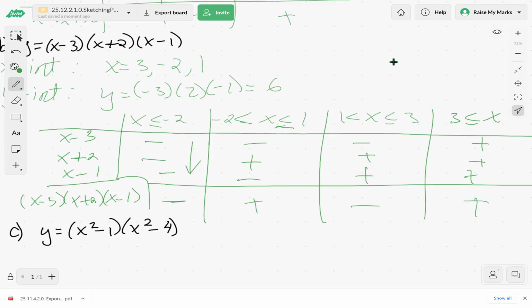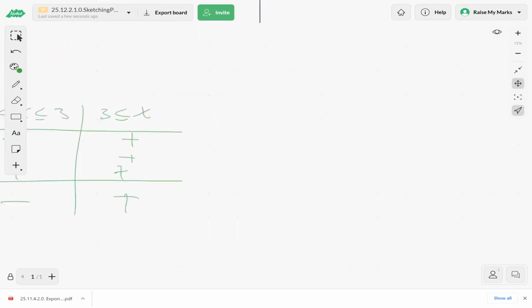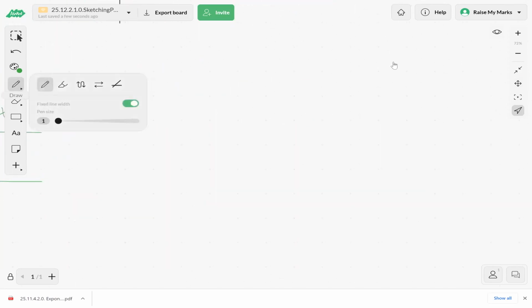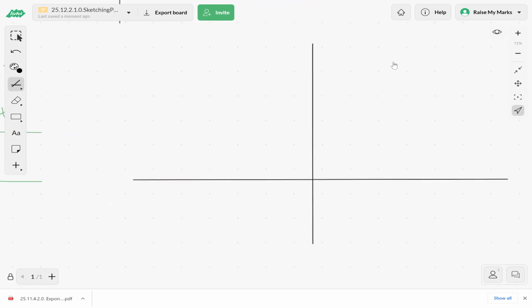So now we're going to take all this information and graph our function. So let's scroll over to the right where we have some space. Let's draw in our axes. Okay. Let's put some points of interest in here. Okay, so 1, 2, 3.